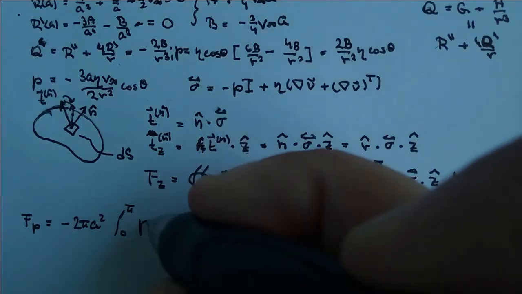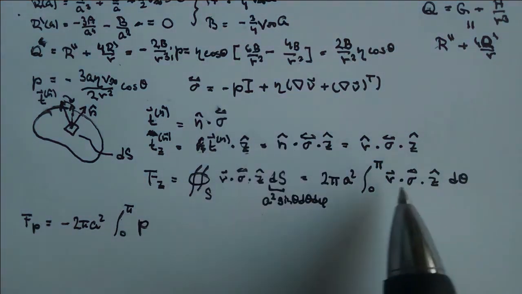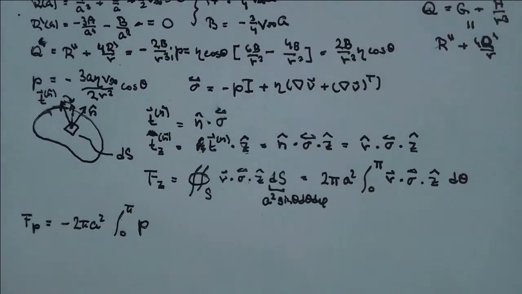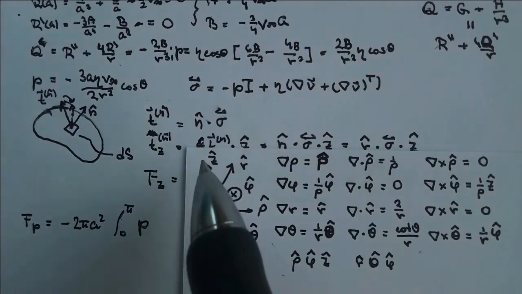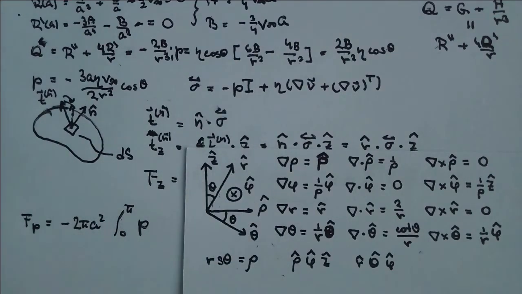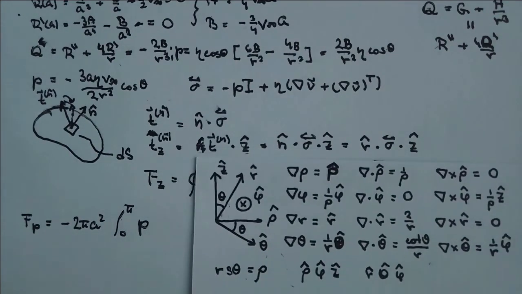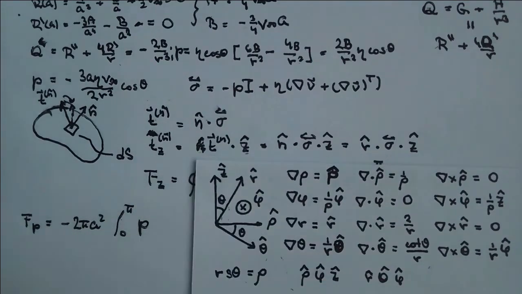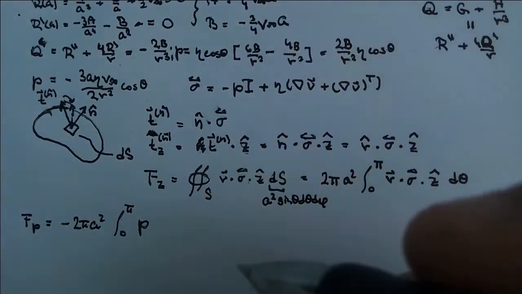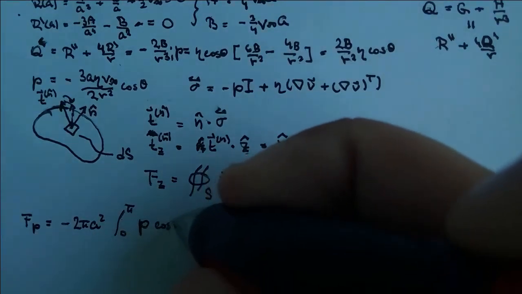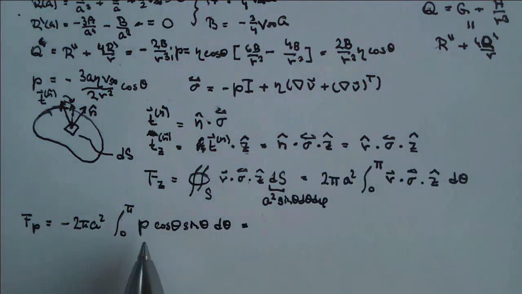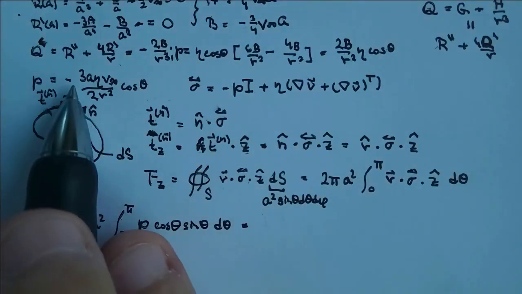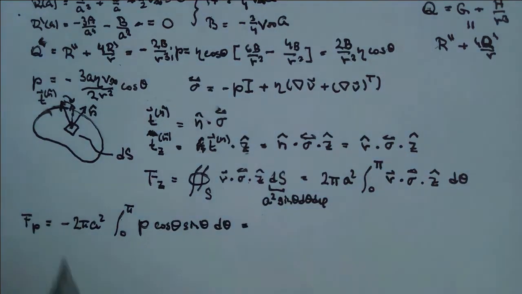There is p, and then you have to dot it with z. And r dot z, if you look closely at our diagram, r dot z is plus cosine of theta, because it's the rule of dot product. So it's cosine of theta times from Jacobian sine of theta d theta, and if you substitute in p, which is over there, it's minus 3/2, so the minus cancels, so that's a squared.